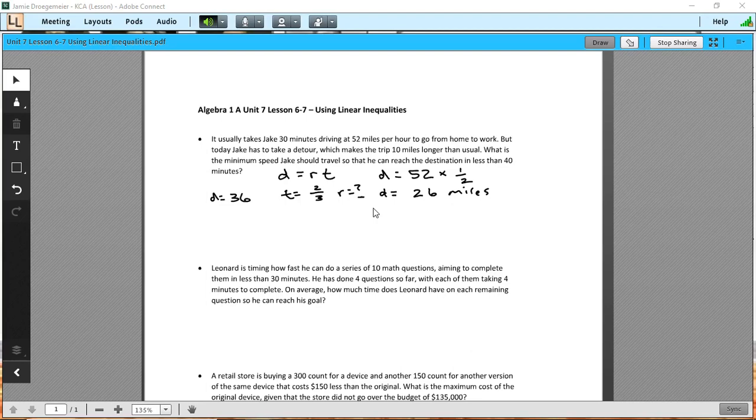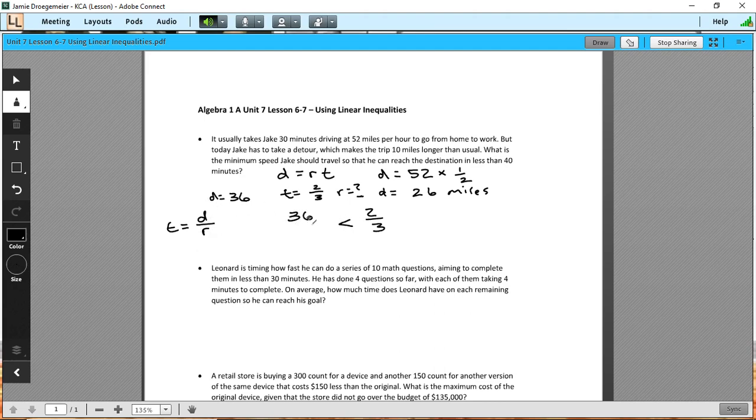We know that we want his time to be less than that 40 minutes. We want it to be less than 2/3. Time is going to be the same as the distance divided by the rate. We know that our distance is 36.